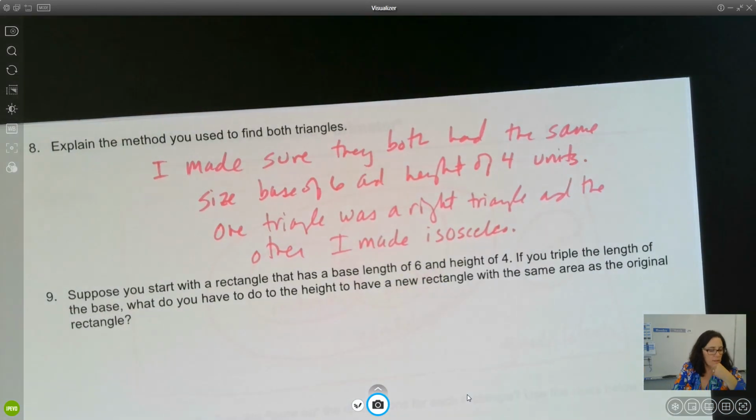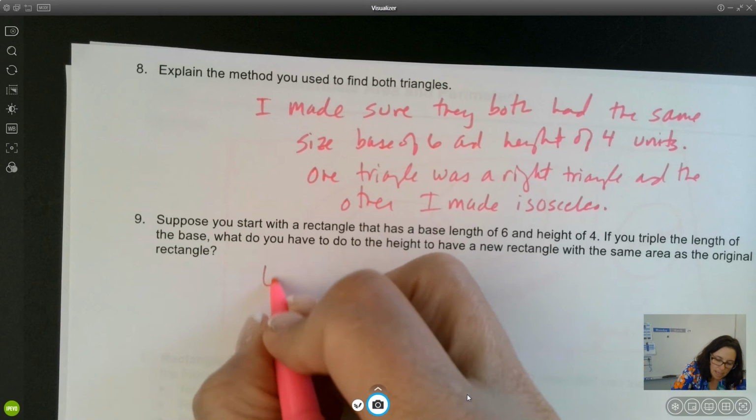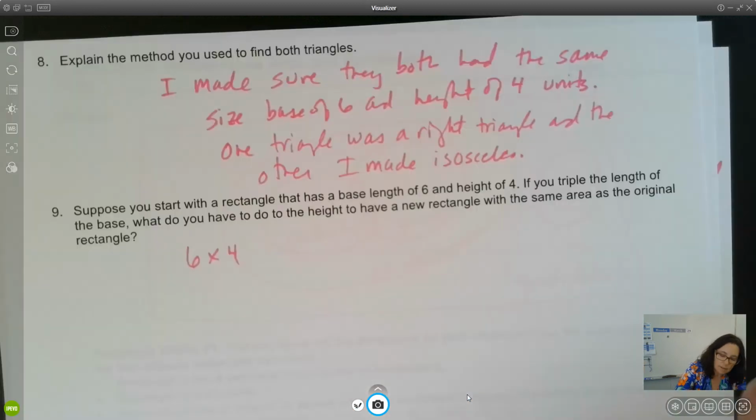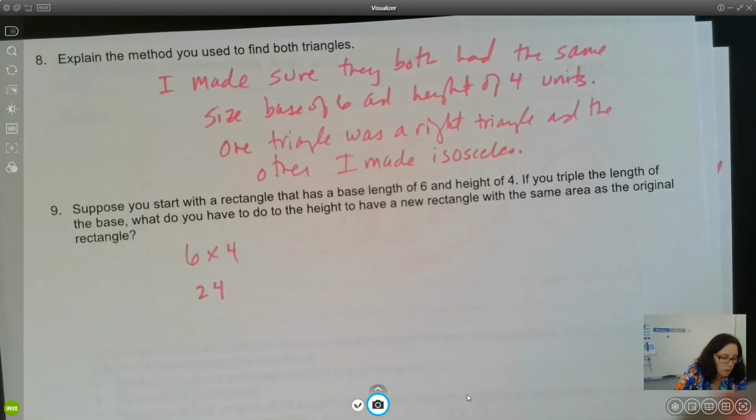Suppose you start with a rectangle that has a base length of 6 and a height of 6. If you triple the length of the base, what do you have to do to the height to have a new rectangle with the same area as the original rectangle? All right, well, if I triple one, wouldn't I have to third another? Okay, so let's look at that. 6 by 4, the area would be 24.